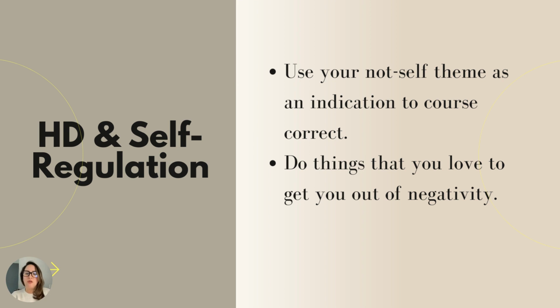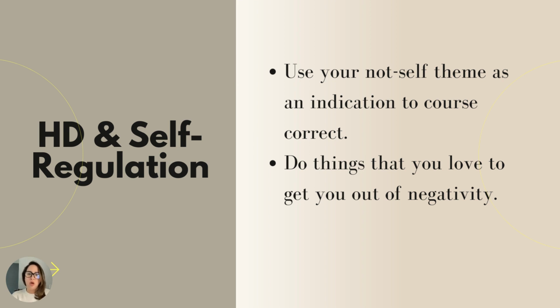When you're in your not self, it's so much harder to self-regulate. So you have to get to a point where you have a plan of action so that you can move toward being productive in your self-regulation practices. And once you identify what's going on inside, or once you've come down from your emotional wave, it's time to regulate.